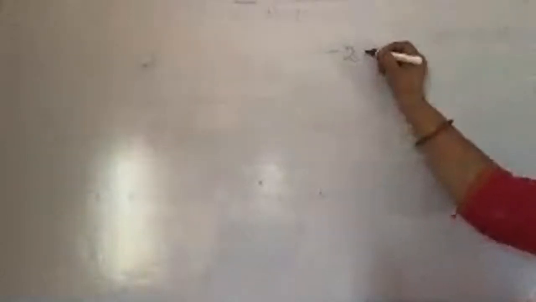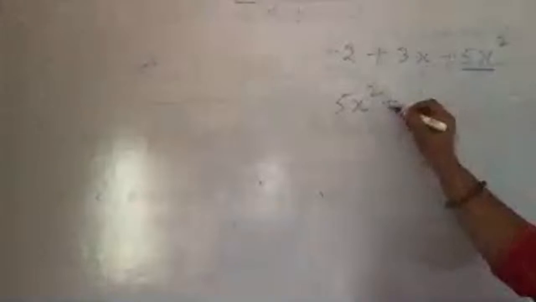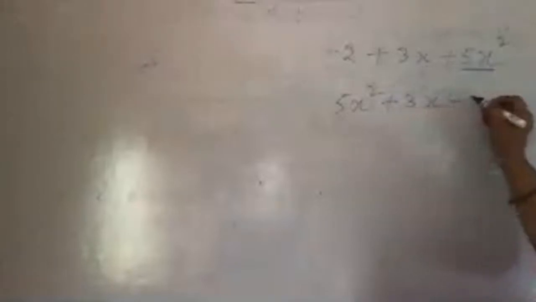Suppose a question is given as 2 plus 3x plus 5x square. Decreasing order means first will be 5x square, the greatest degree, then 3x, and then 2. You have to arrange in the decreasing order of degrees.